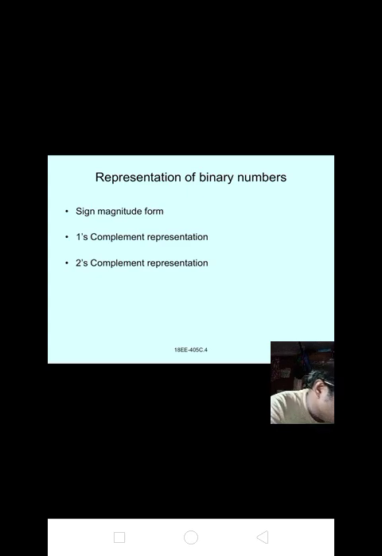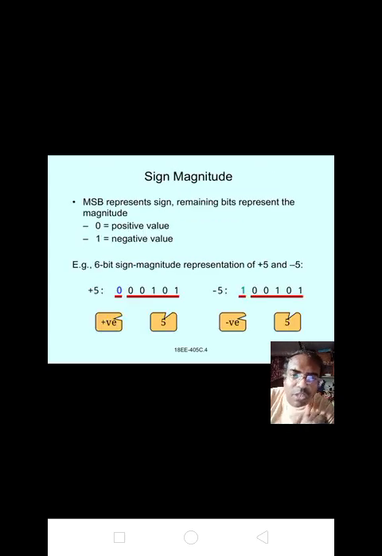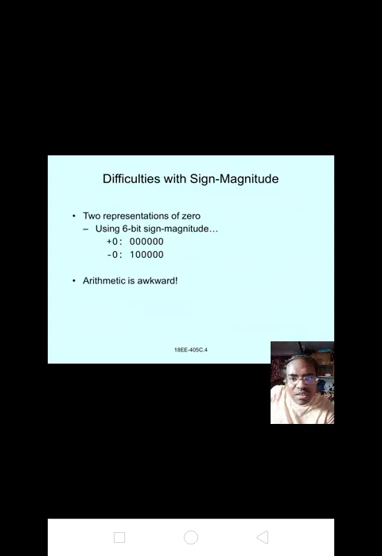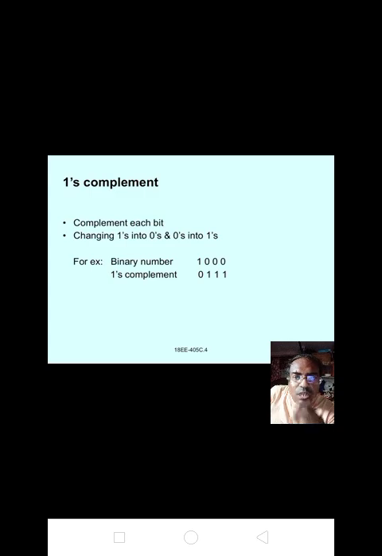You want to change 1 to 0 and 0 to 1. 1's complement means the complement of each bit, changing 1's to 0 and 0's to 1. That is nothing but the 1's complement.